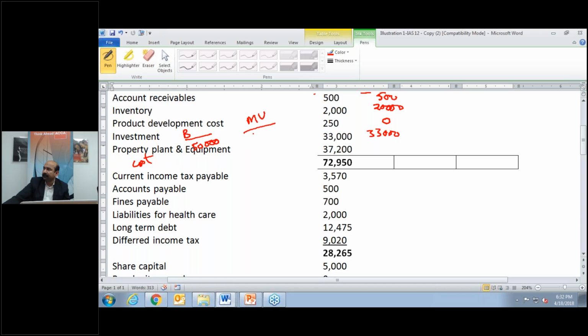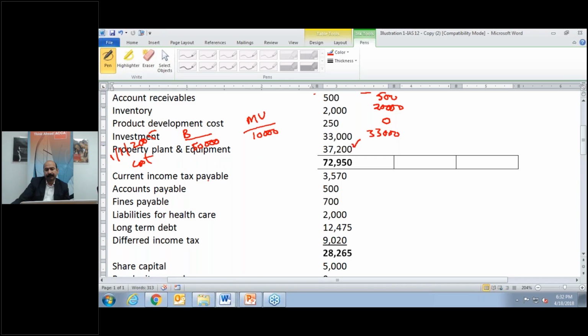Motor vehicle, it is 10,000. Then there is addition. This is the situation on 1st January 2005. And we are going to calculate with reference to the tax authorities, because so far as the accountant is concerned, this is the carrying value as per the accountant.